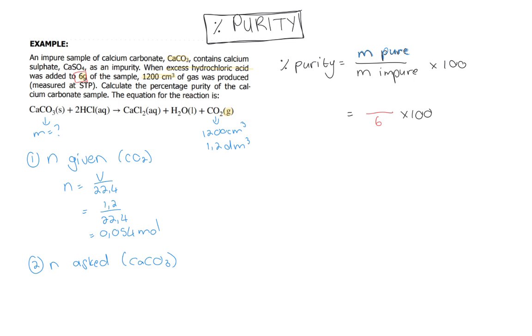And even if the ratio is 1 to 1, you need to show it. So that means the mole of my calcium carbonate is also 0.054. And then I can change the mole into the asked quantity. In this case, I need the mass, so I use this equation.